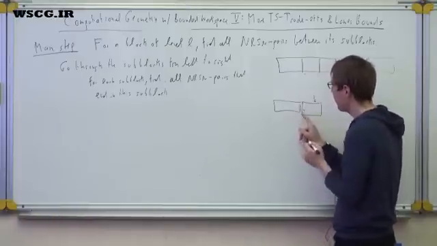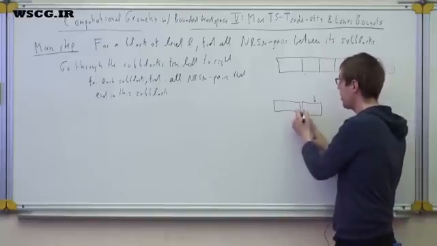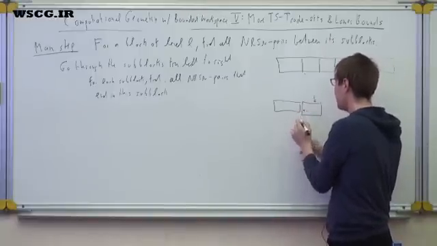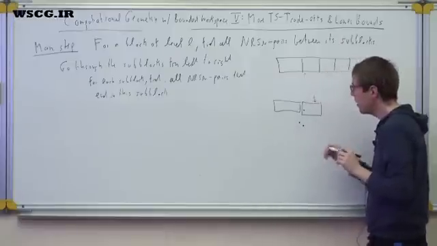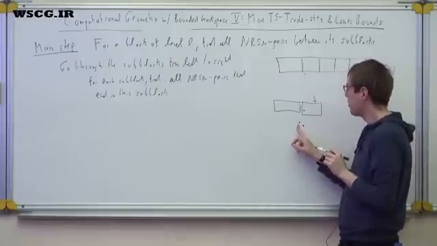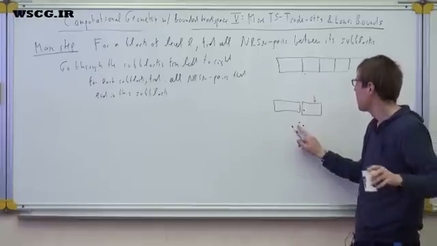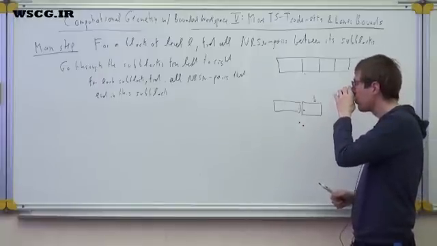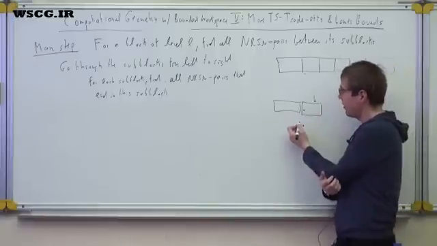I want to scan this block from left to right. I start with the first element, and I compare this element with the element here. First of all, I remember, does this element here go?